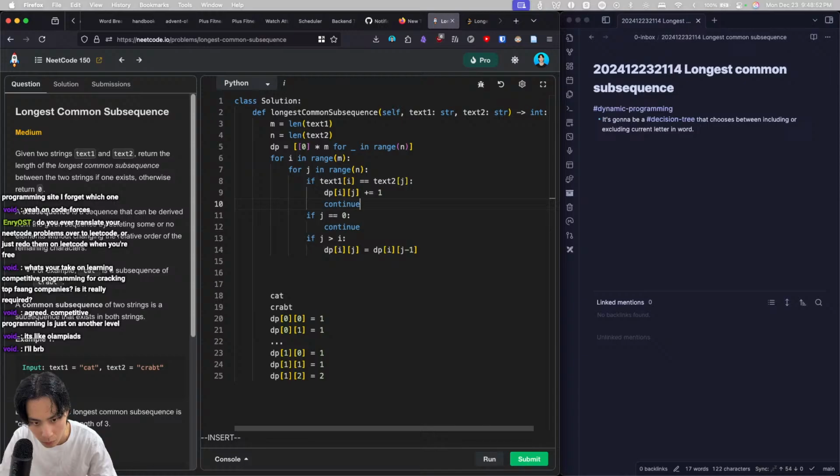And if j is this, let's continue, but if it's not, then we can continue there. But it means that on the first value every time, that means if j is 1, right?